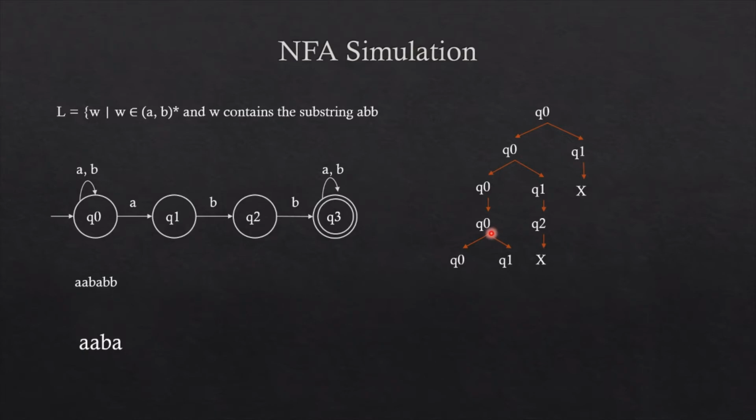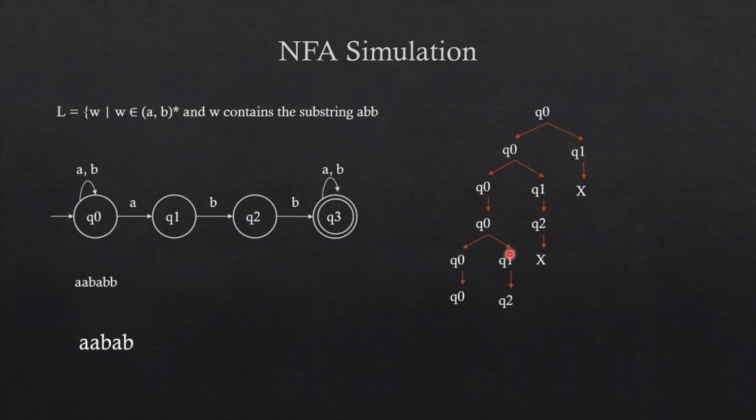But we left a copy on Q0, right? So that one keeps on flowing, expecting that this may still end up being accepted. So from Q0 on seeing A, we again go to Q0 and Q1. Fifth symbol is B, so from Q0 on seeing B, we stay on Q0.